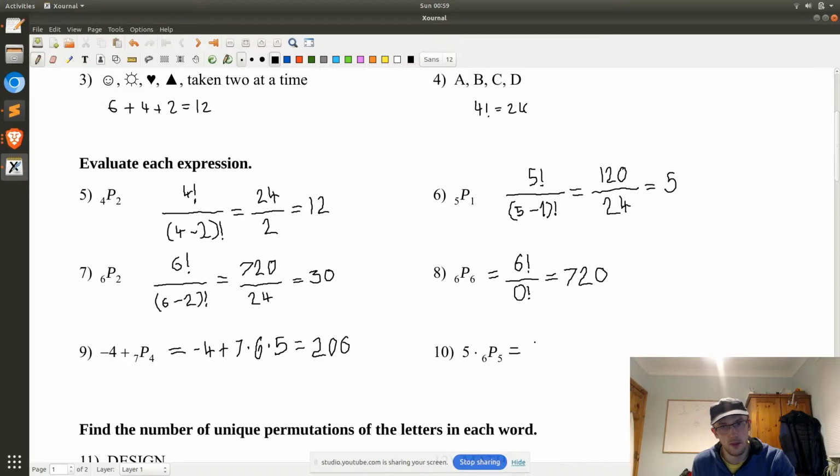So here's 5 times 6 factorial over 1 factorial, which is 720 times 5, which is 3,600.